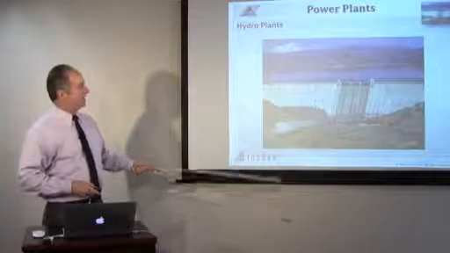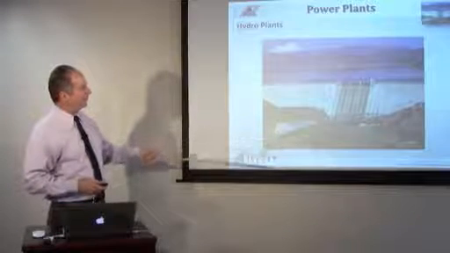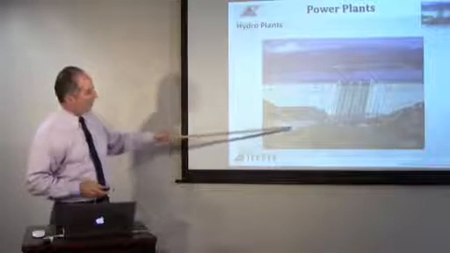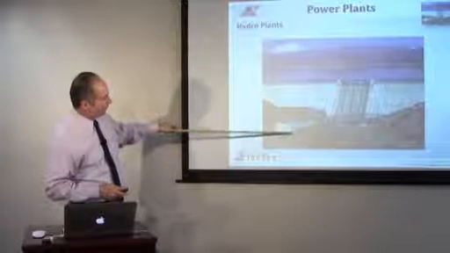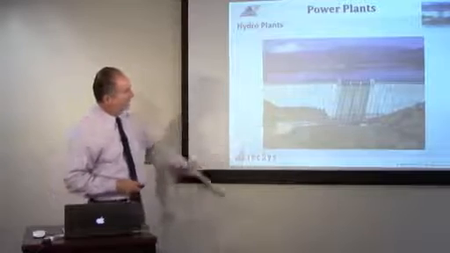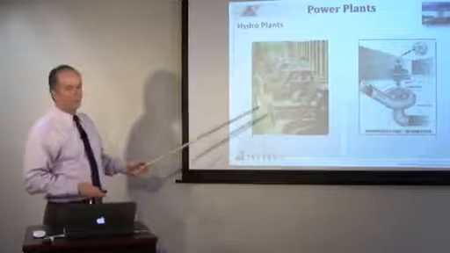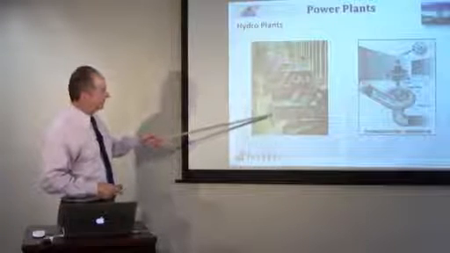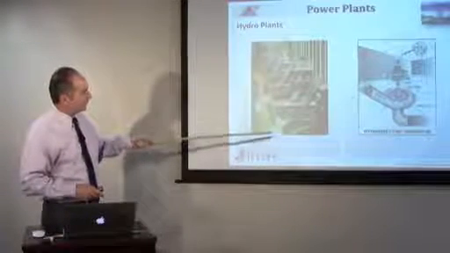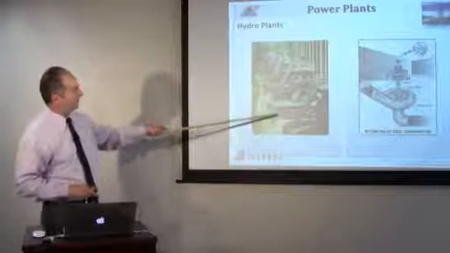Okay, in a hydro plant we're going to talk a little bit about how the water comes down penstocks into the generators, which produce electricity. There are a couple of different ways of doing it. This is the picture over at Hoover Dam by Las Vegas. Hoover, Boulder Dam, kind of a dual name.